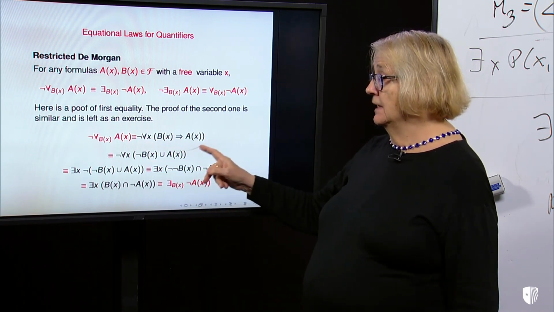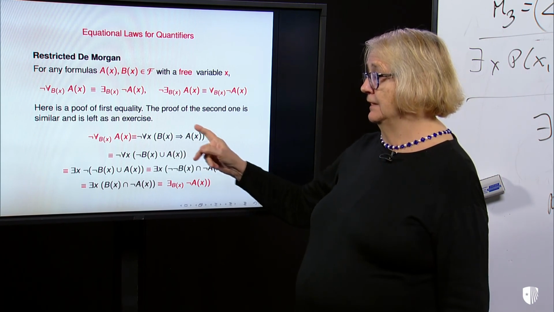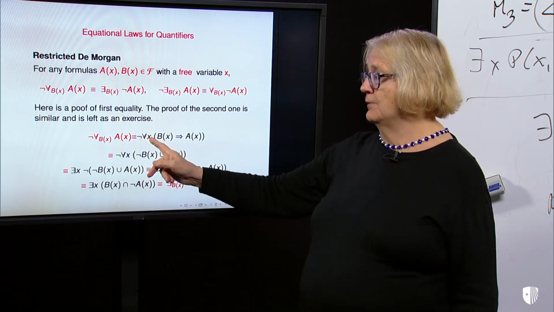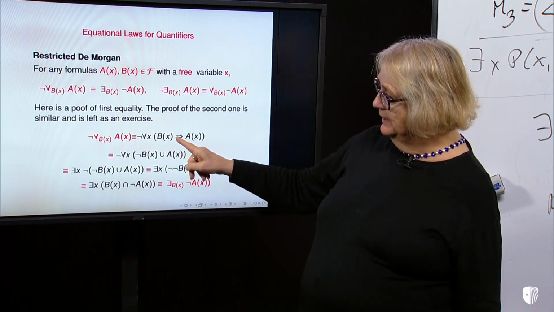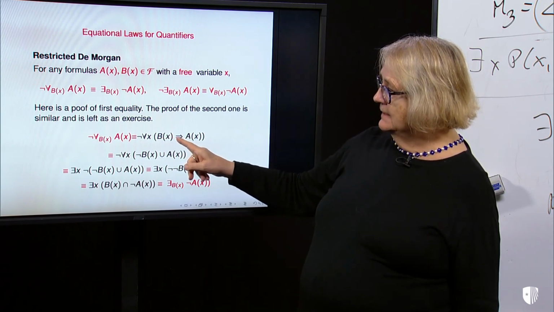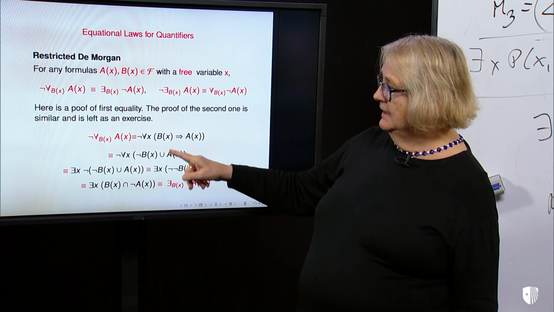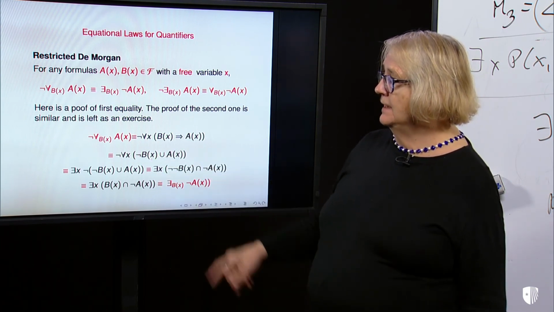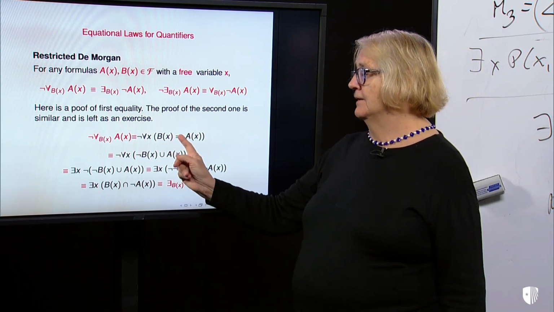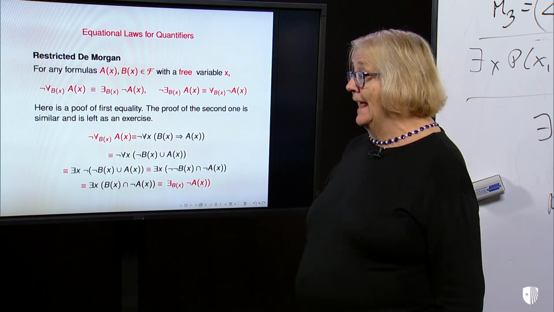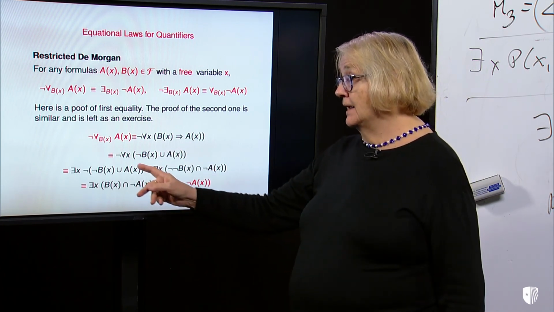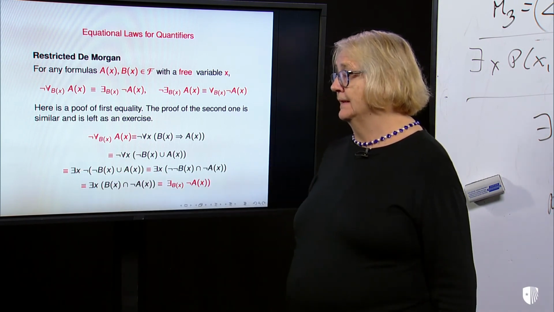Now you are in a normal formula of predicate logic, so you can use the De Morgan law. So what I do, I change the implication: B implies A is not B or A, so I change the implication into not B or A. And now I do the De Morgan law.